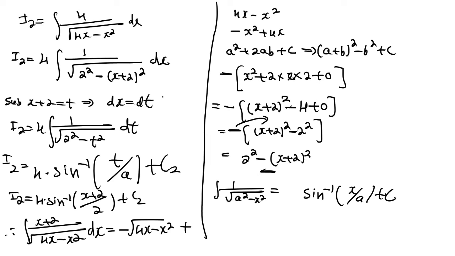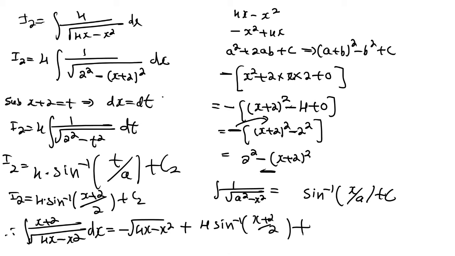Substituting the I2 value, we got 4 into sine inverse of x plus 2 by 2, plus c1 plus c2. Together you can write the integration constant c. Okay, so this is the required solution.